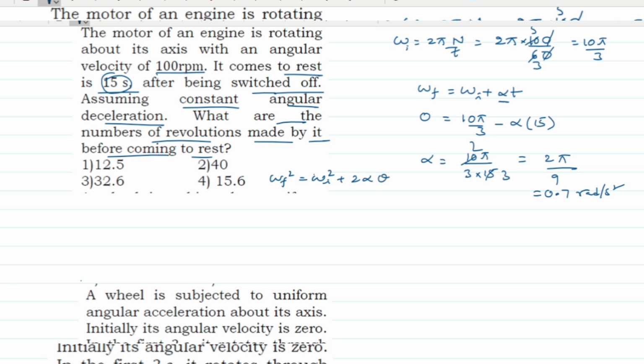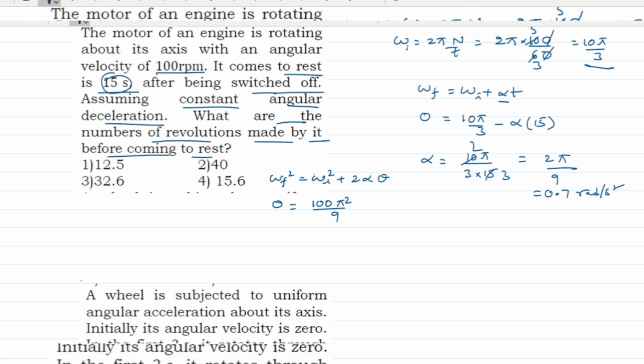Final angular velocity will be 0. Initial angular velocity, we got it as 10 pi by 3. You just square on both sides, so we will be getting 100 pi square by 9.